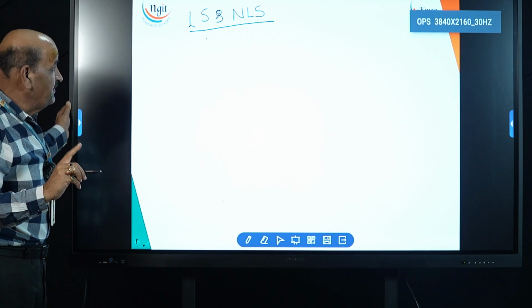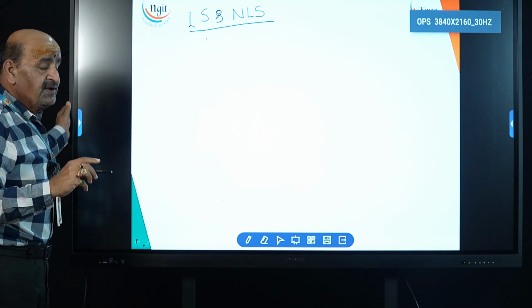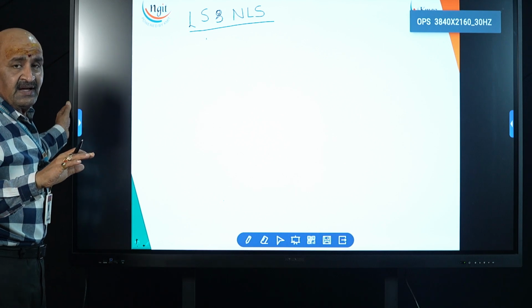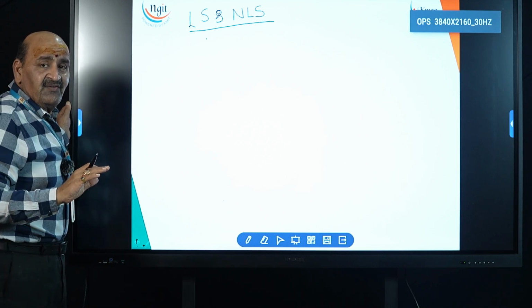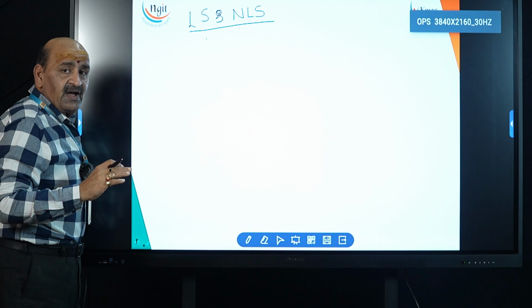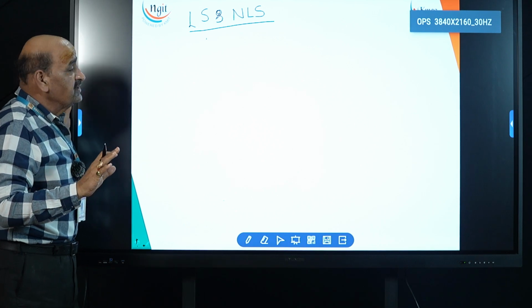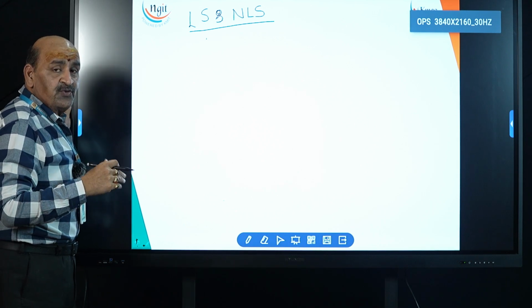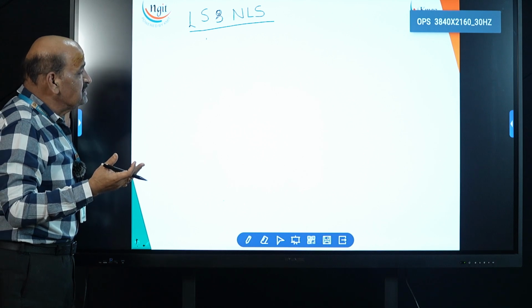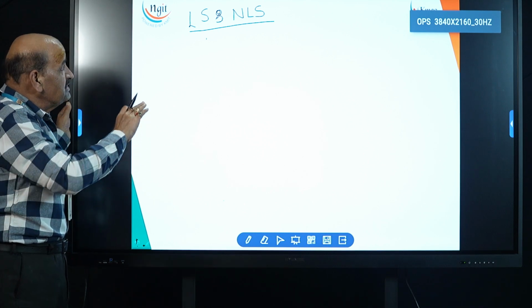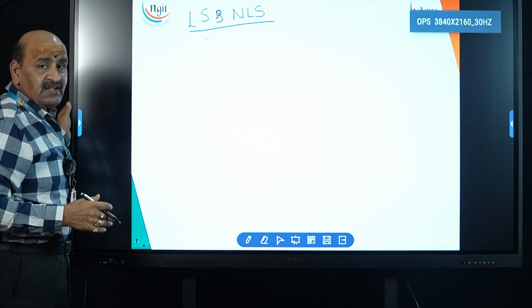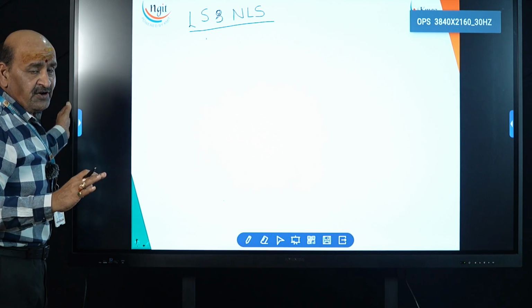One is whether the given signals are under superposition condition or not. Second one, whether these given signals are homogeneous or not. These two we have to verify. Once these two are verified, then only we have to enter into whether the system is linear or non-linear.